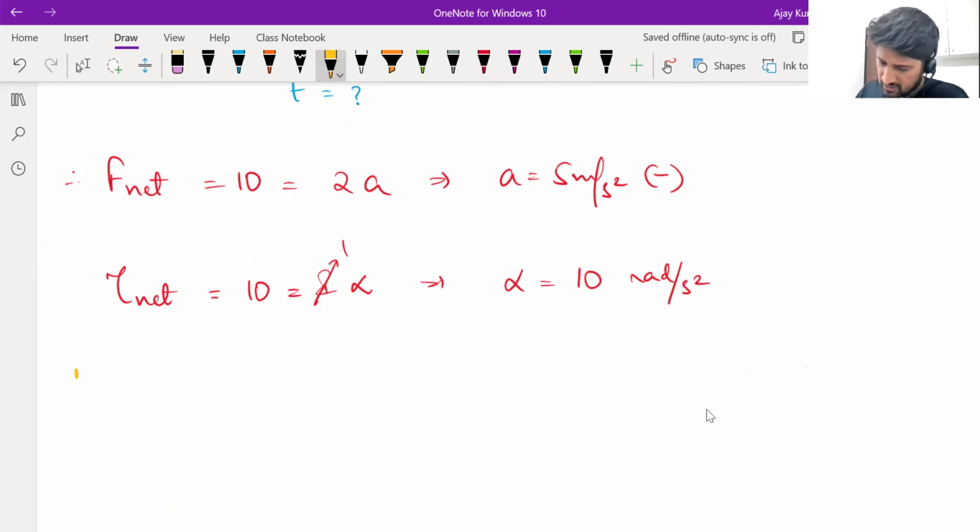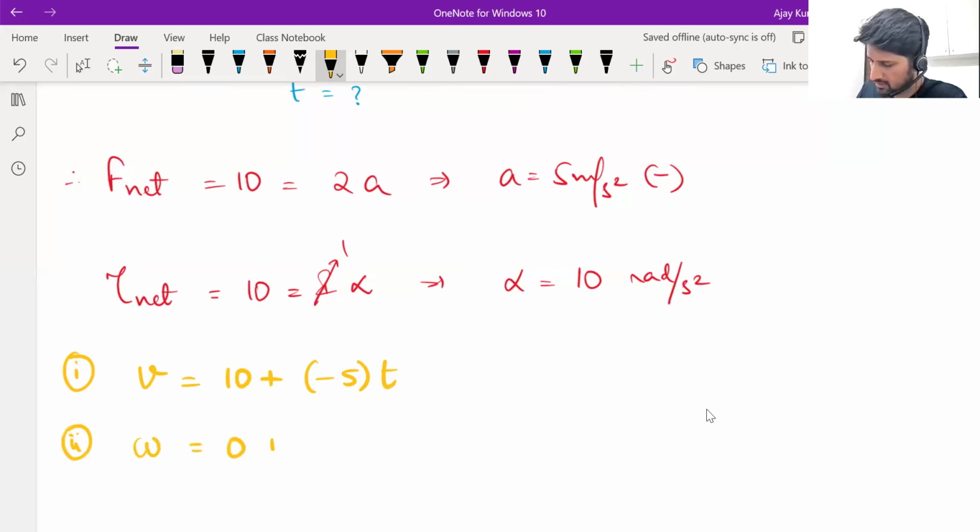So first, V is equal to U plus at. U is 10 plus acceleration is minus 5 into t. V is unknown, t is unknown, so we can't solve this equation yet. Next, omega is omega naught plus alpha into t. This is another equation.